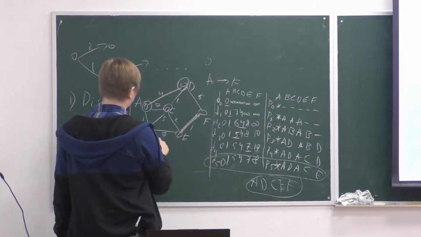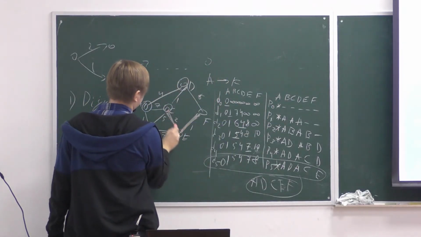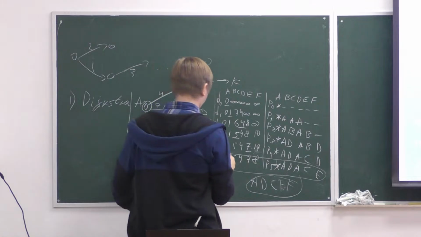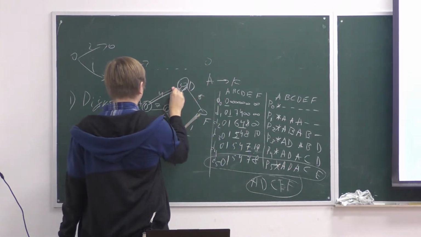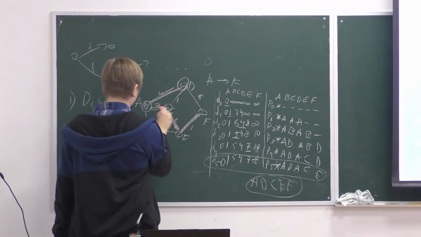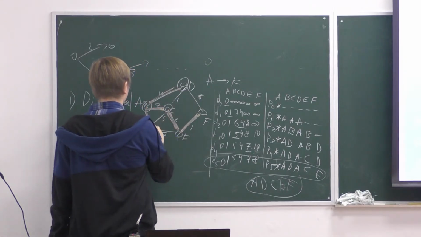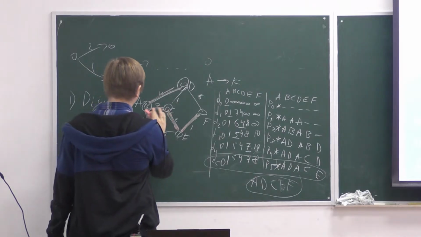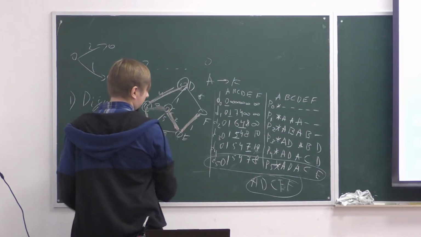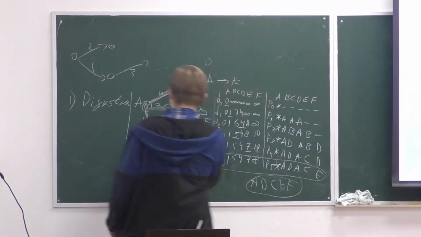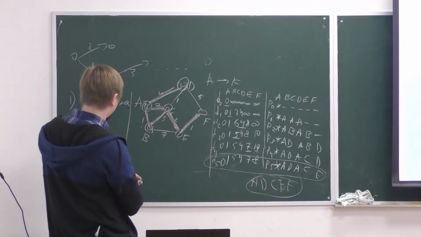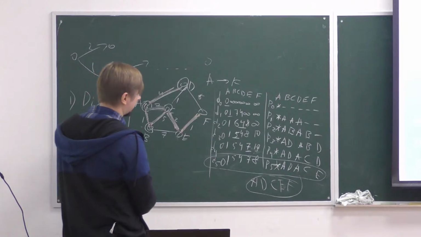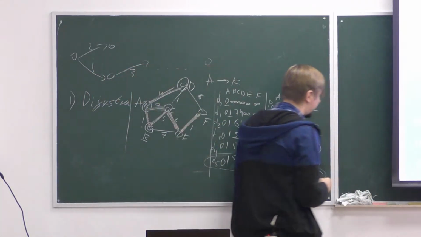CE, AD. I think that's all. So this is the shortest path tree.